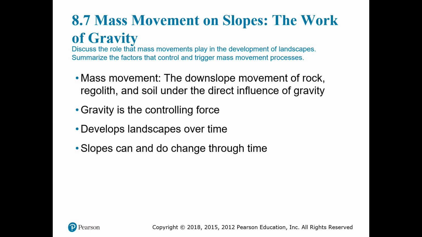Mass movements are not the same as the weathering and erosional processes that we've talked about here, or what we're going to talk about in chapter 10, because there isn't a transport medium. This is all done by gravity.